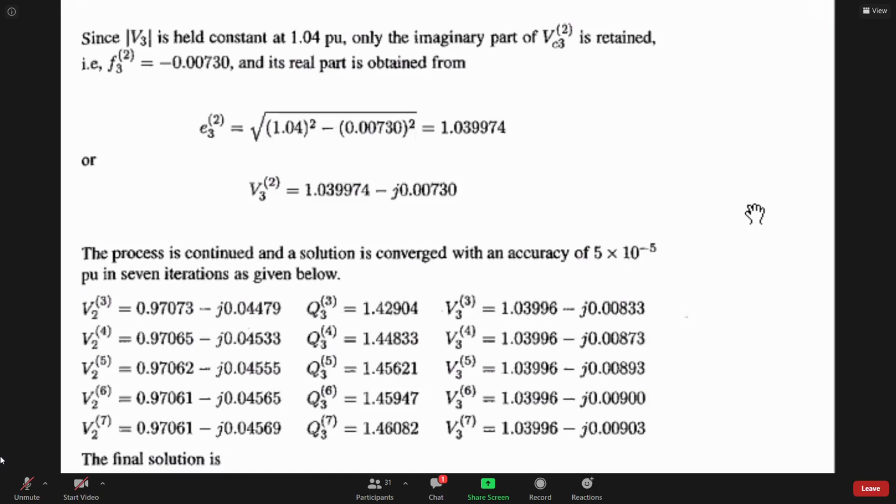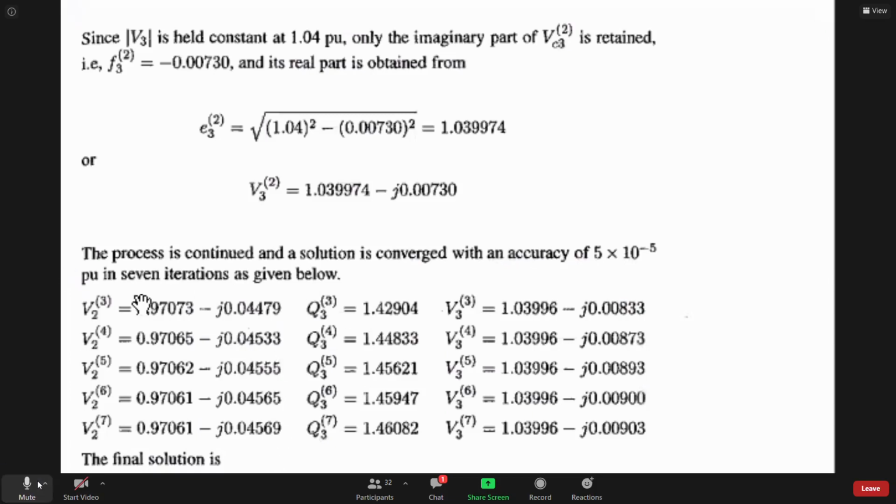Sir, do we have to show details for every part? Actually, you have to show the first 2 iterations in detail, then you can put the result. The first 2 iterations you have to show with detailed calculation. Then for the remaining iterations, 3, 4, 5, 6, 7, you can just give the calculation result.